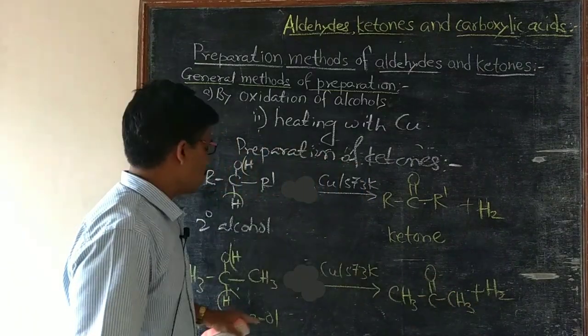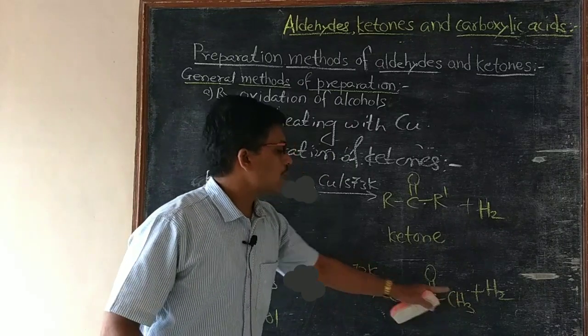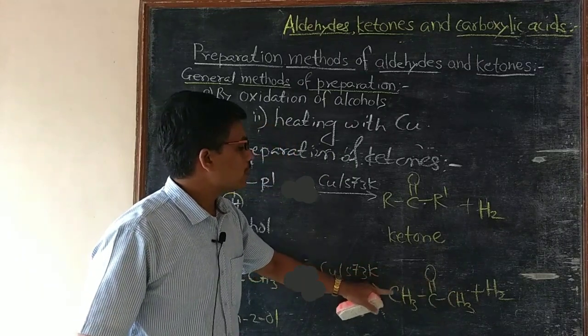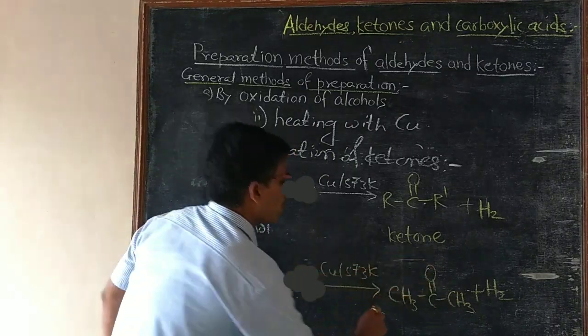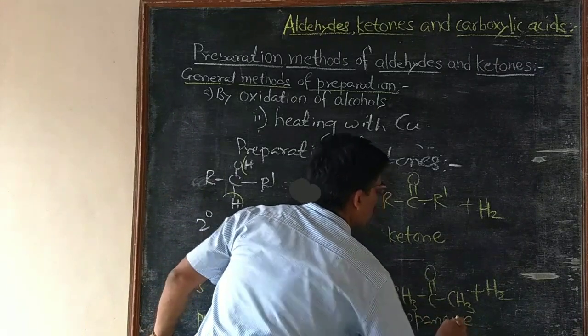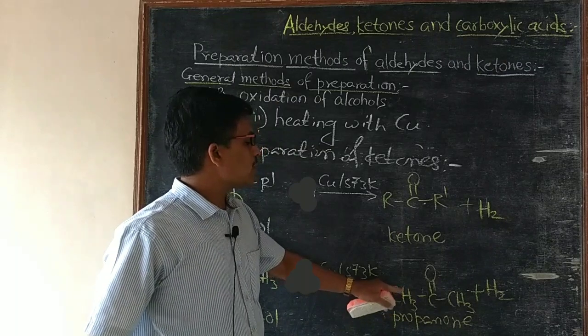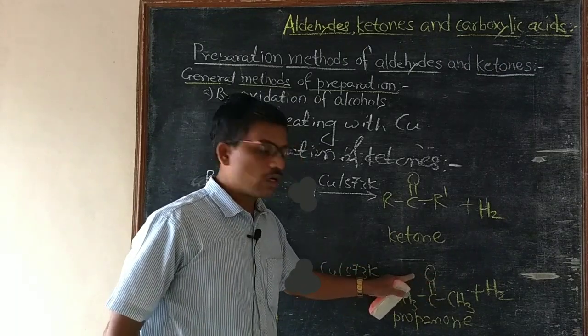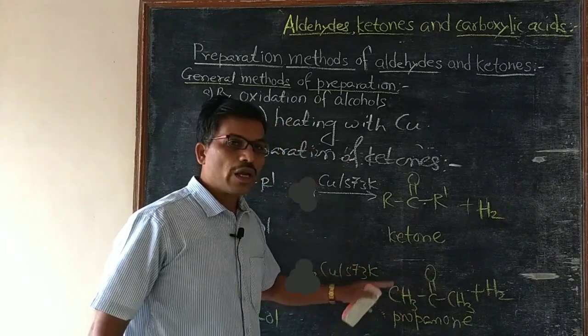This has 1, 2, 3, three carbon atoms, therefore it is propanone. In the common name system it is also called dimethyl ketone or acetone.